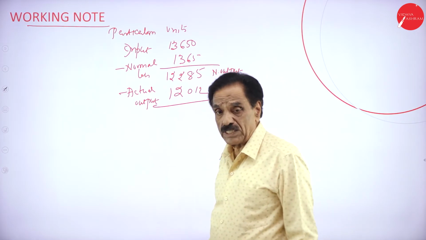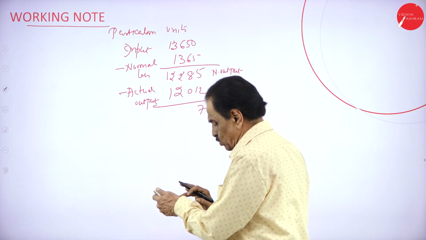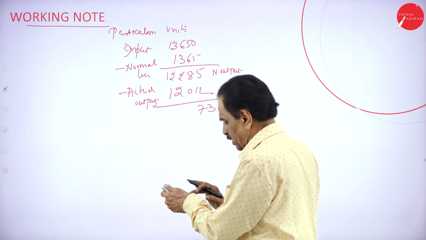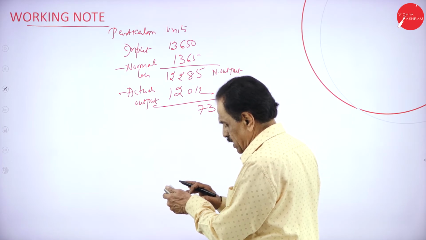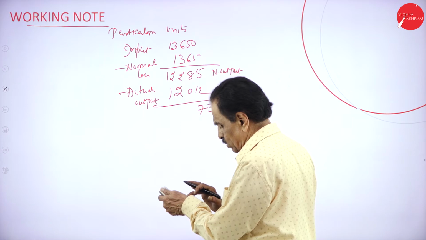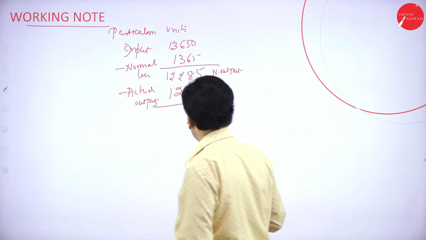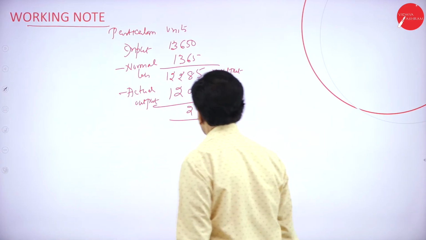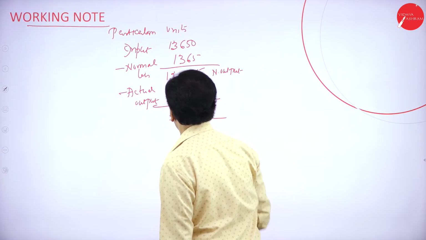But you are taken out is how much? 12,012. Deduct 12,285 minus 12,012. 273. This is abnormal loss. So 3 plus 2, 5, 7 plus 1, 2, 2 is there.